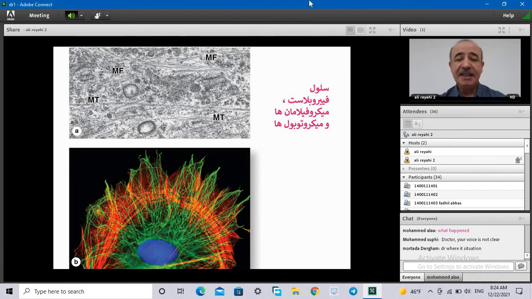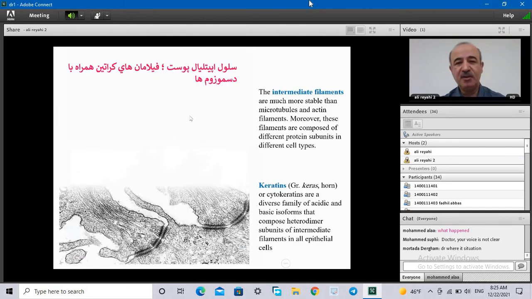Okay, in this picture you can compare the thickness of the microtubule. Look at here, the microtubule is like a small tubule, and this is the filament. It's like a line. Okay, you can compare the thickness of the microtubule and microfilament under the electron microscope.